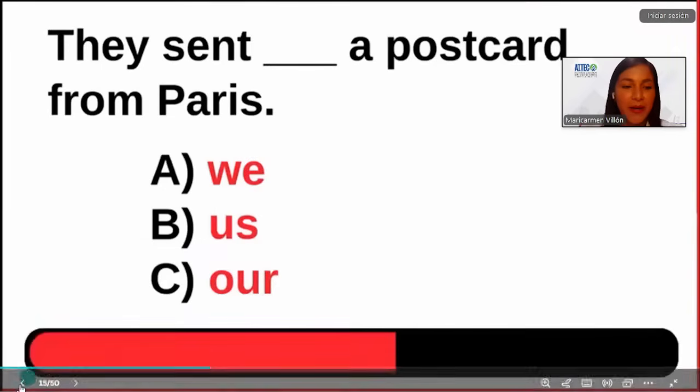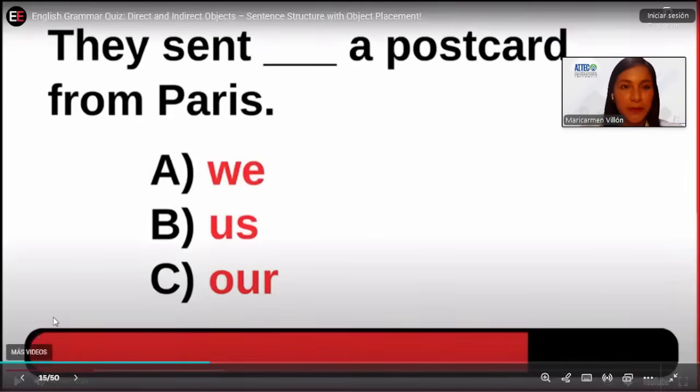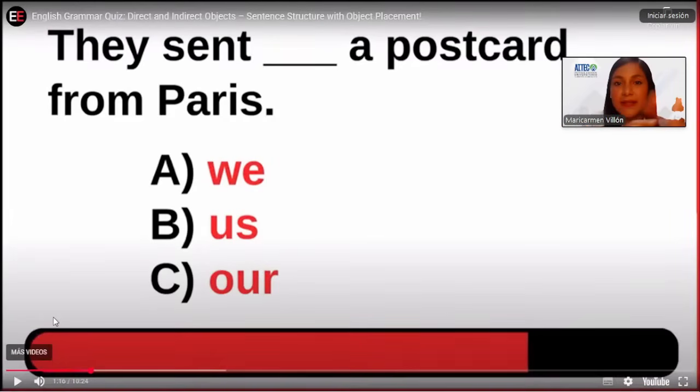Look at this one now. I'm going to pause the video. One moment here. So it says, they sent a postcard from Paris. What do you say? They sent a postcard from Paris. They sent. We have the subject, we have the action, that's the verb, sent.